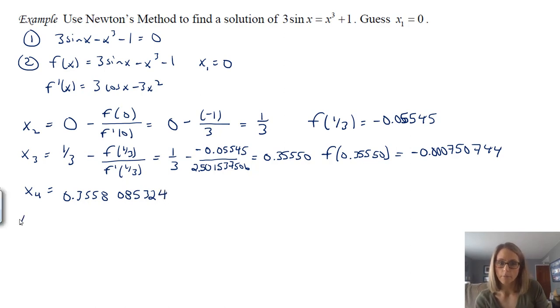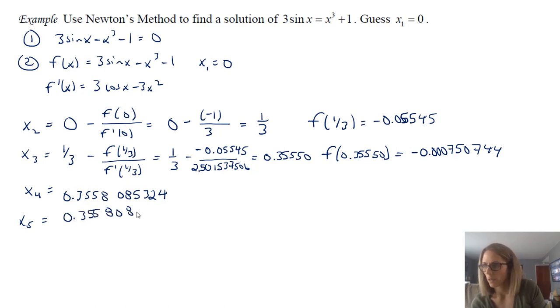If we were to do x sub 5, another iteration after x sub 4, we're going to have 0.3558085942. Notice it's just a little bit different than what we had above. It still agrees all the way to there, which is quite a few decimal places, about 7. So we can tell that we're really close.